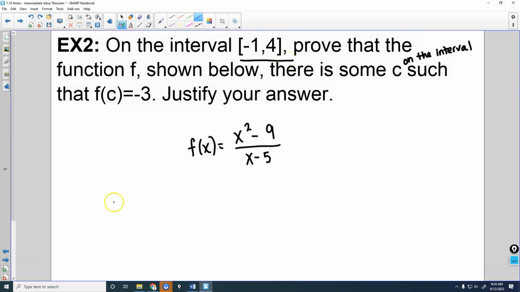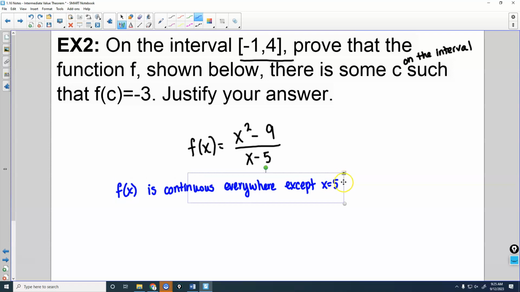Okay. f of x is continuous everywhere except x equals 5. Therefore, f of x is continuous on the interval from -1 to 4.